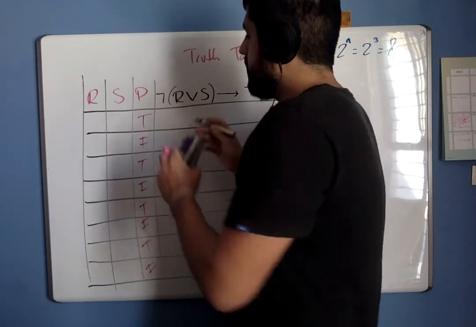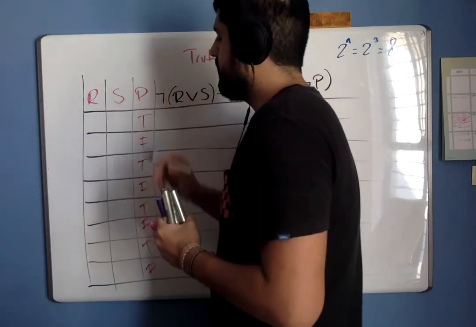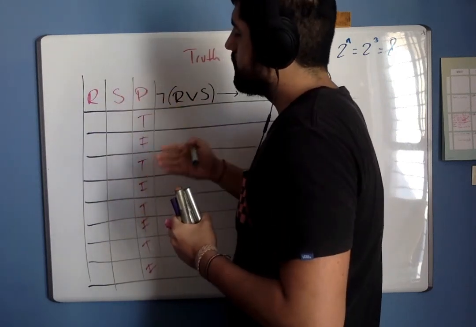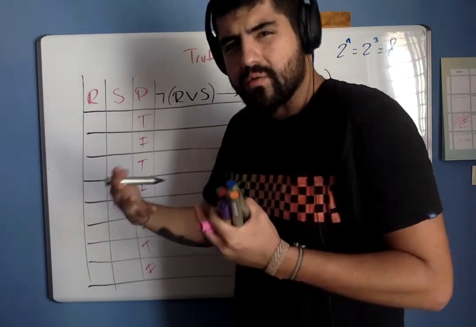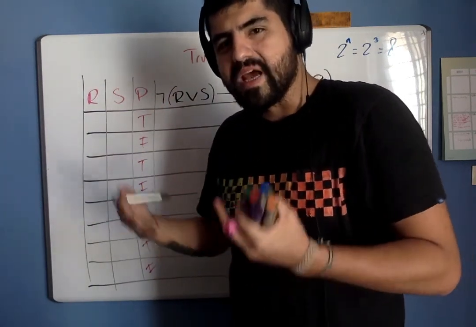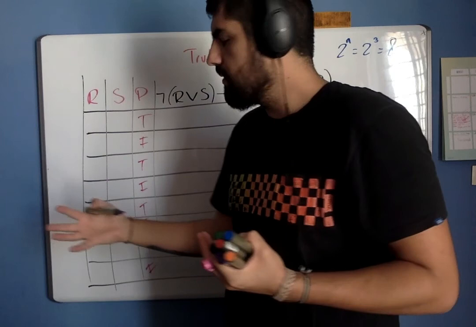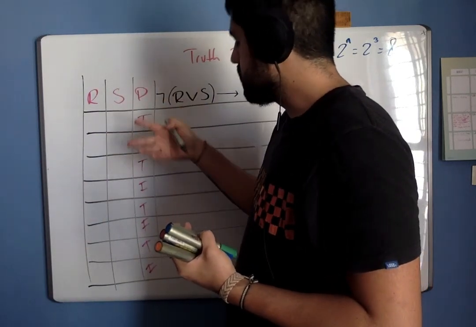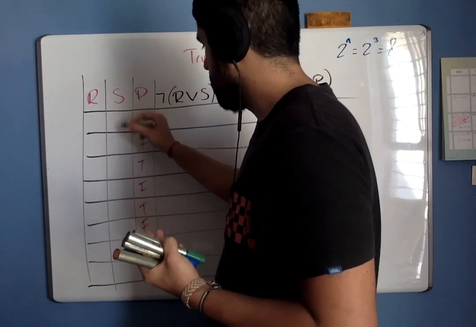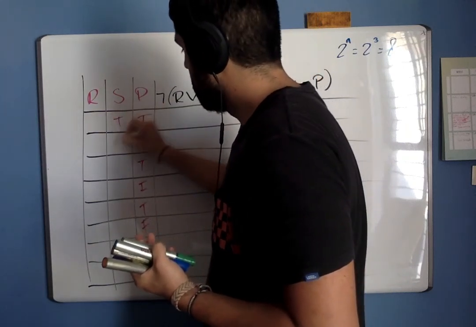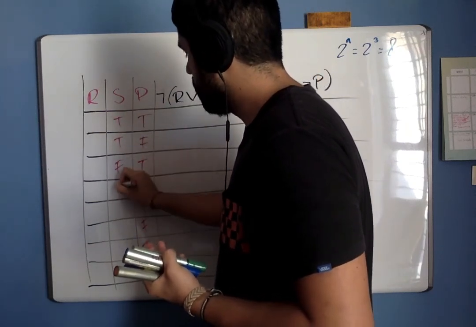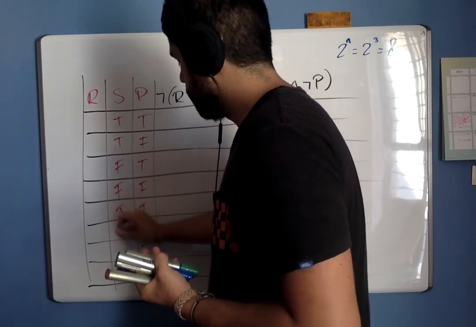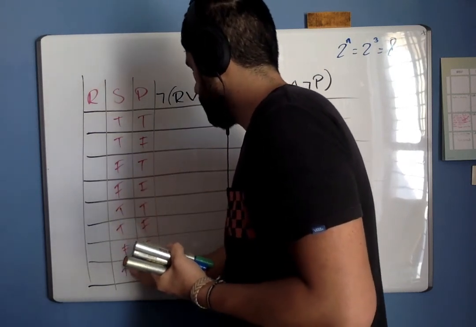In the following column to the left, we have the variable S. Remember the dynamic of this variable combination area. We alternate 2 times true and 2 times false, 2 times true and 2 times false until we finish. So we have true, true, false, false, true, true, false, false.